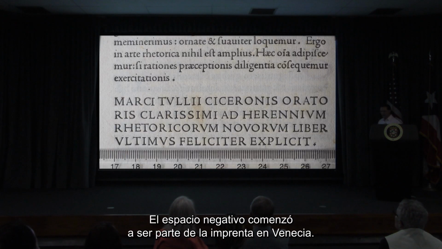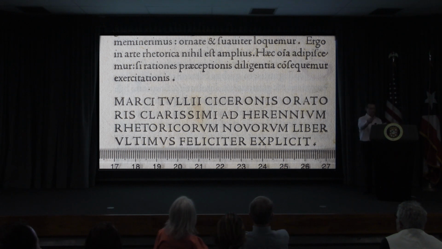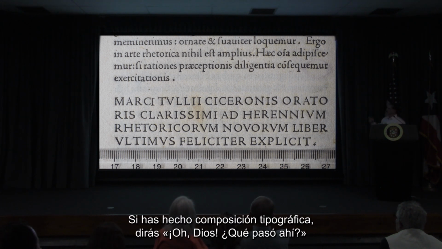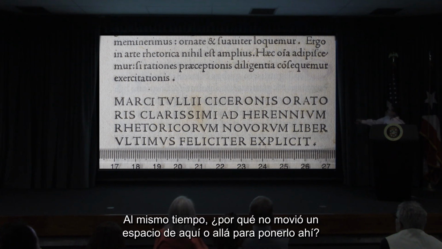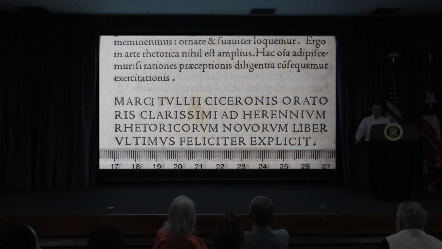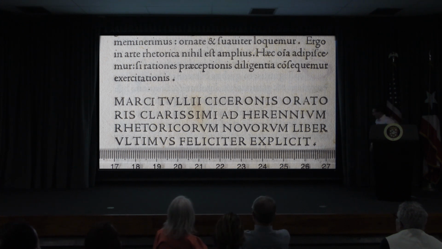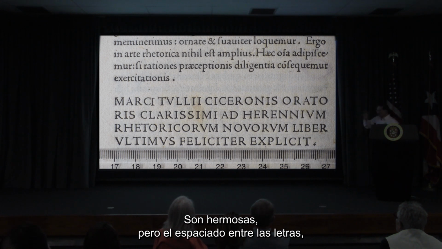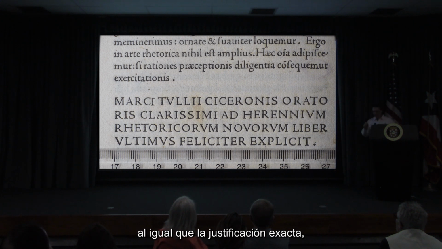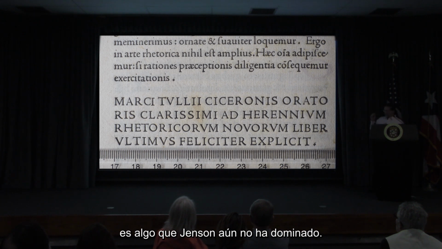The negative space becomes a thing in Venice. If you've ever done any typesetting, you would say, oh my God, what happened there? Why didn't he move a space from here or there and put it there? You know, the oratories, lots of problems here. They are beautiful, but the spacing in between letters, as well as the exact justification, is something that Jenson hasn't mastered yet.